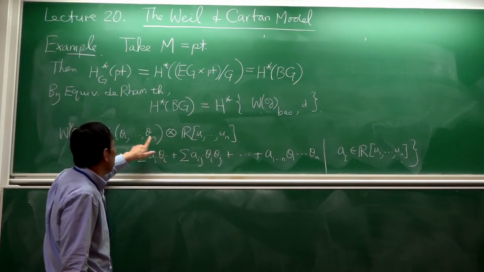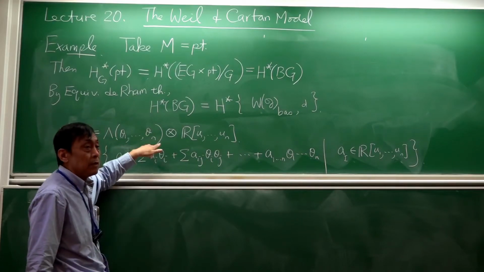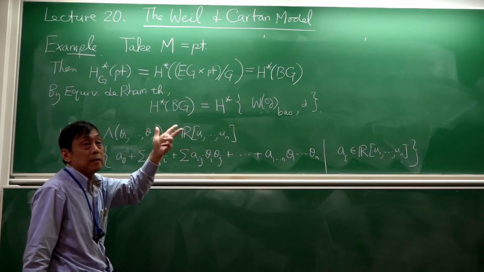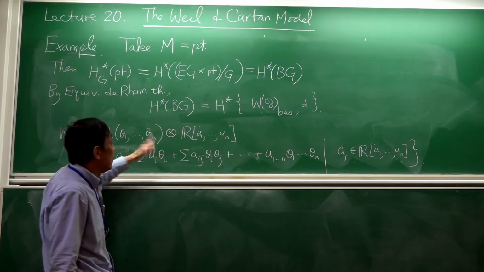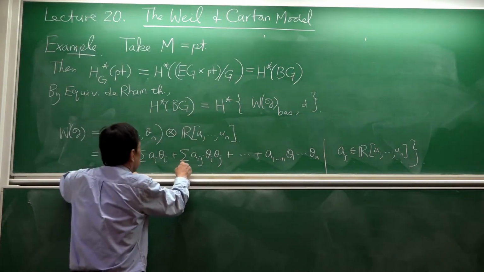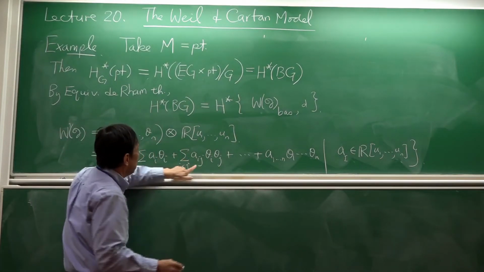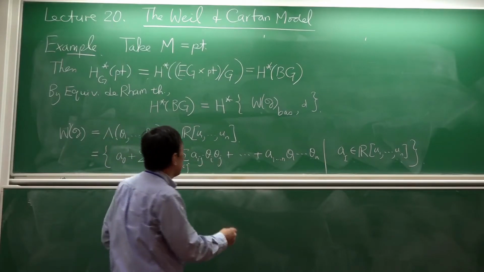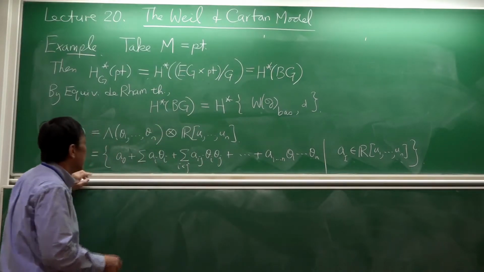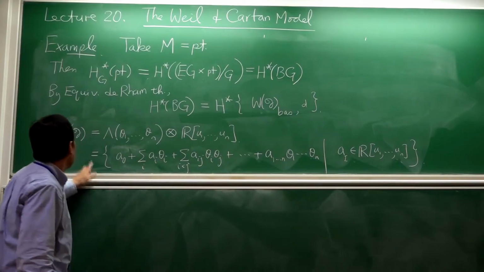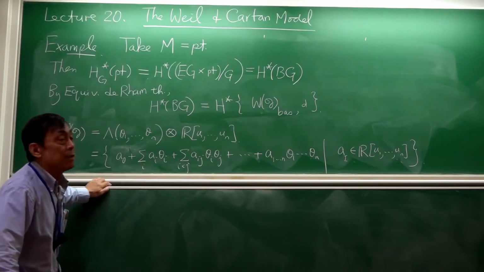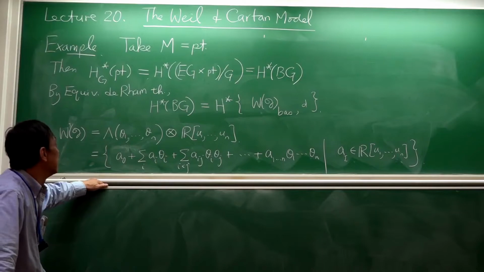So if you have the same theta, theta 1, twice, the wedge product is 0. Okay? So here, you see, these theta i's are all different. Okay? So every element of the Weil algebra can be written like that.